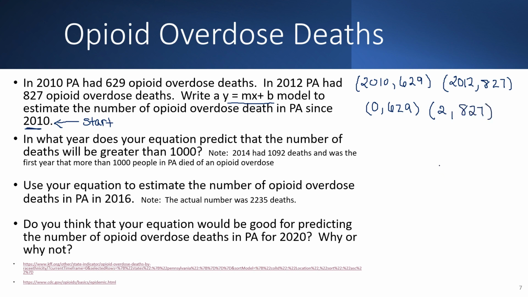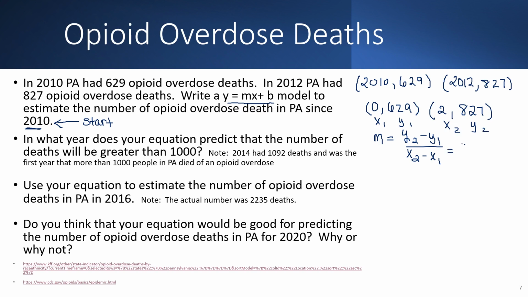So in order to write a linear equation, the first thing that I need to do is figure out slope or rate of change. And I do that using the slope formula. So we have that slope is y2 minus y1 over x2 minus x1. Our ordered pairs are x and y ordered pairs, and the first one will get the little subscript 1, and the second one will get the little subscript 2.